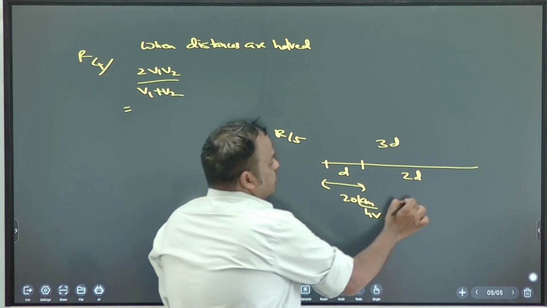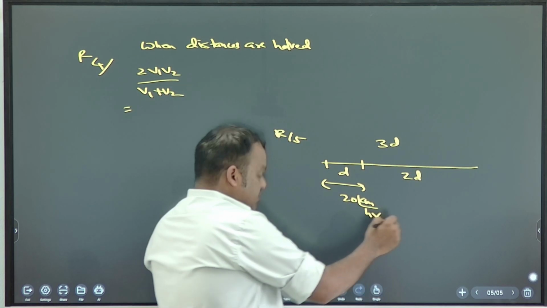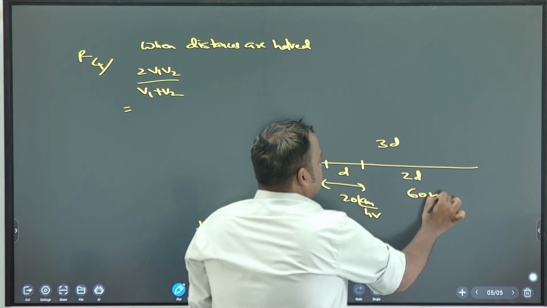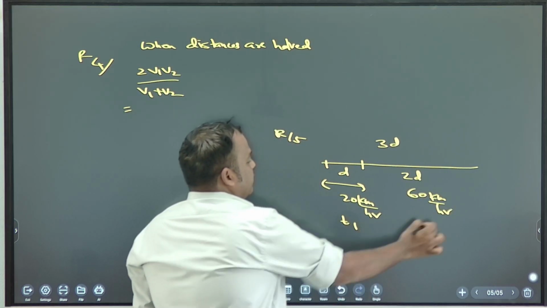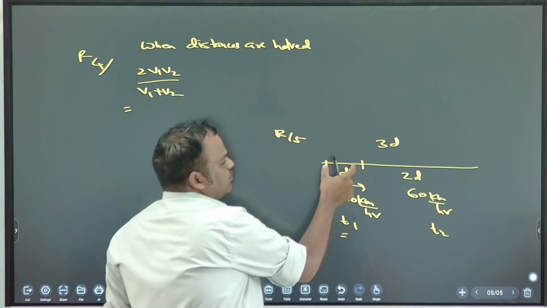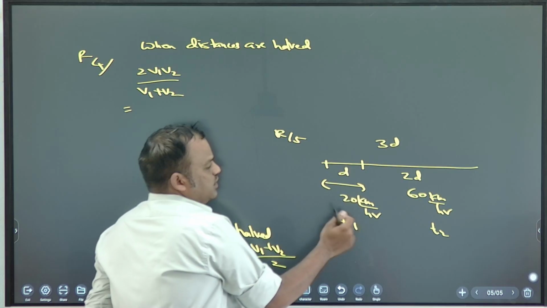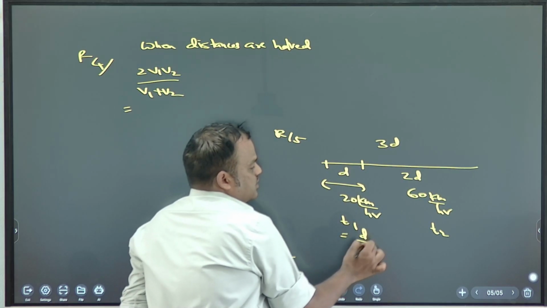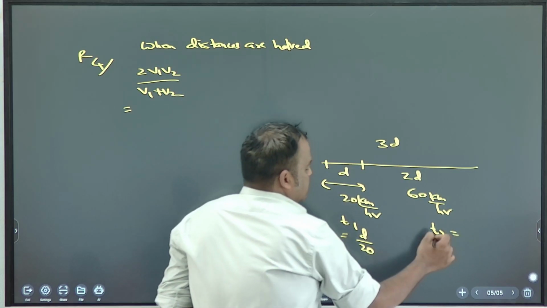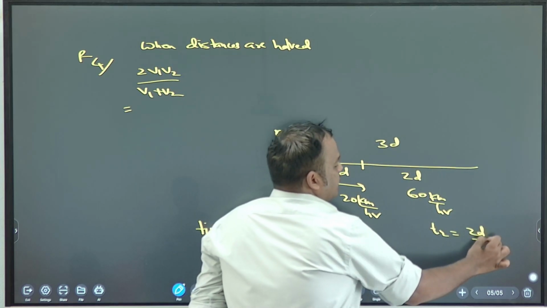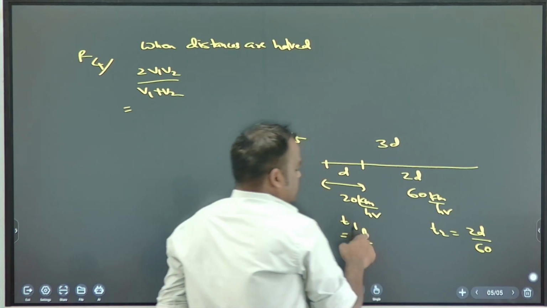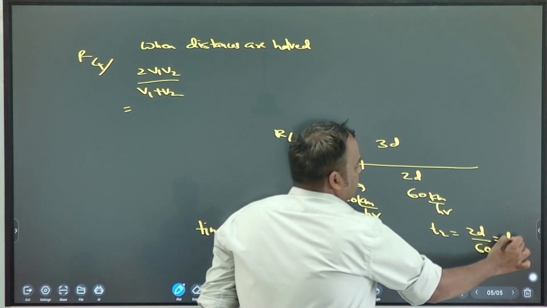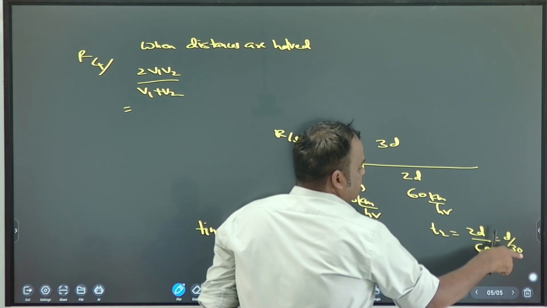And for the remaining distance, what is the average speed? 60. Now calculate time, T1 and T2. Tell me what is T1? First one third distance, what is the time? Distance by speed. And what is T2? 2D by 60. So T1 is D by 20, and T2 is D by 30.